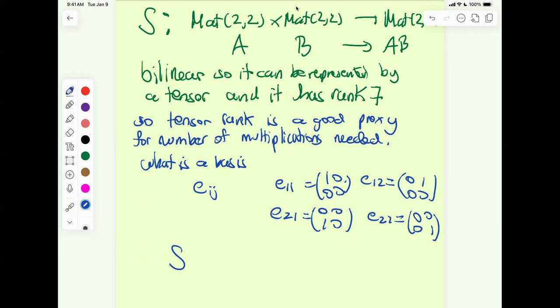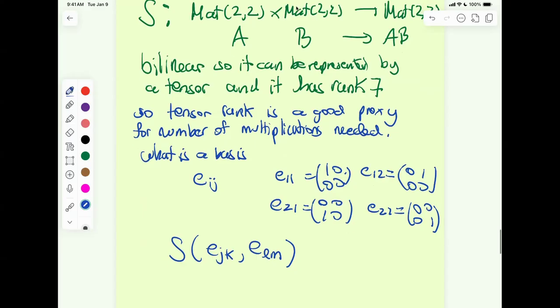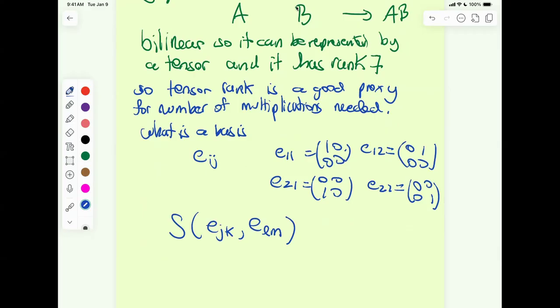So this would be one basis element, JK, for example, and the other basis element would be LM. But the output is a 2 by 2 matrix, so it has two more indices required to specify it. My indices are terrible in this case. So the tensor has A, B, J, K, L, M. This would be entry A comma B of it.